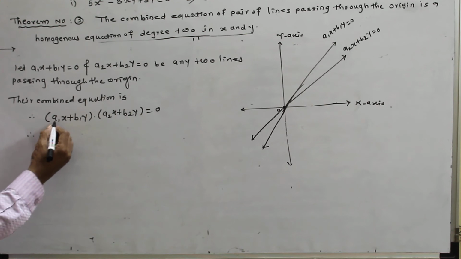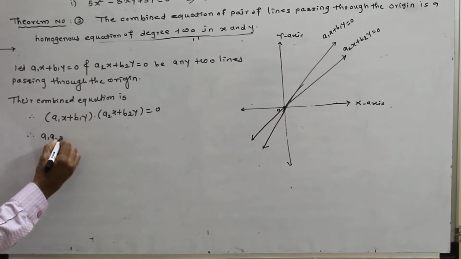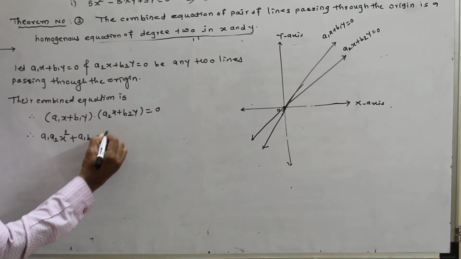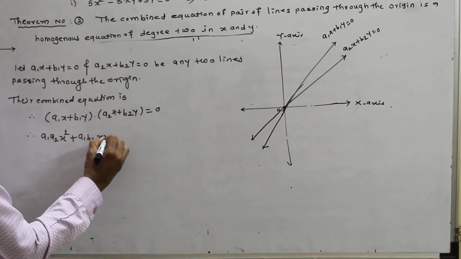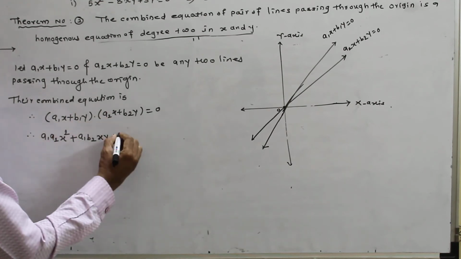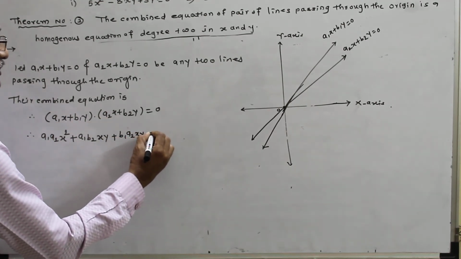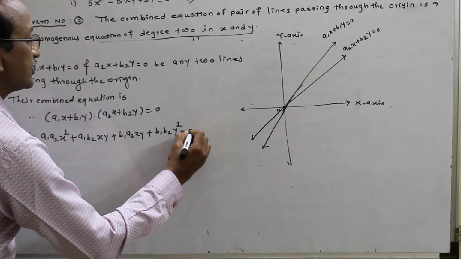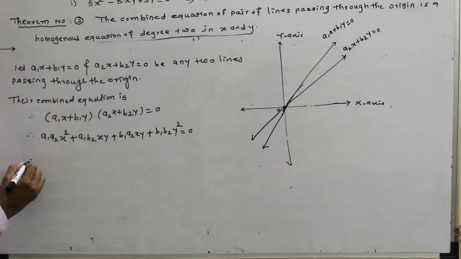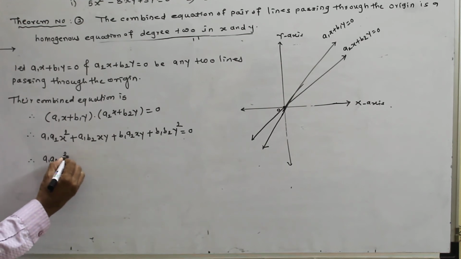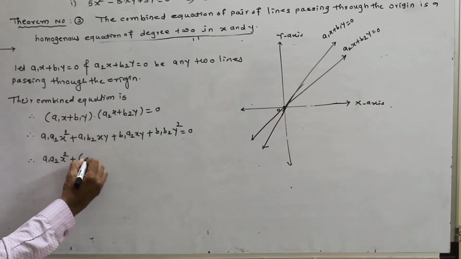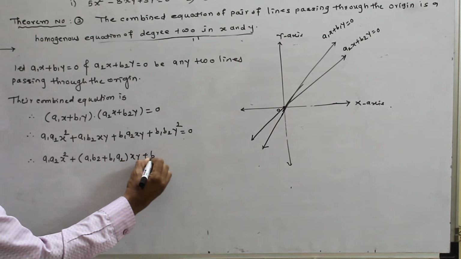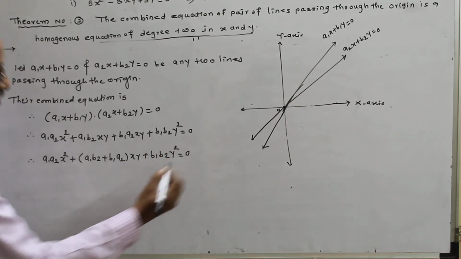Now open the bracket. So a1a2 x square plus a1b2 xy plus b1a2 xy plus b1b2 y square is equal to 0. Therefore a1a2 x square plus, taking xy common, (a1b2 plus b1a2) xy plus b1b2 y square is equal to 0.